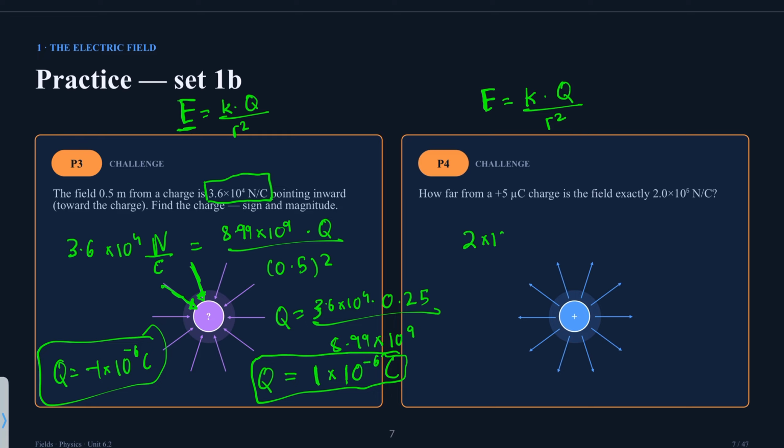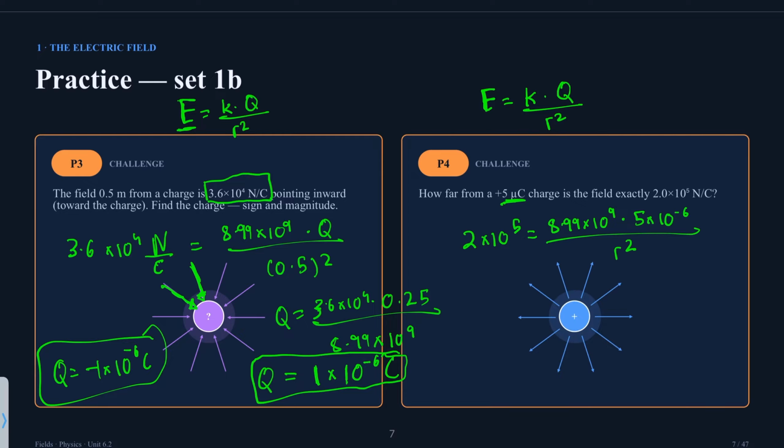2 times 10 to the 5 is equal to 8.99 times 10 to the 9 times Q, which we know, 5 microcoulombs, times 10 to the negative 6, over R squared, which we are trying to find out, right?